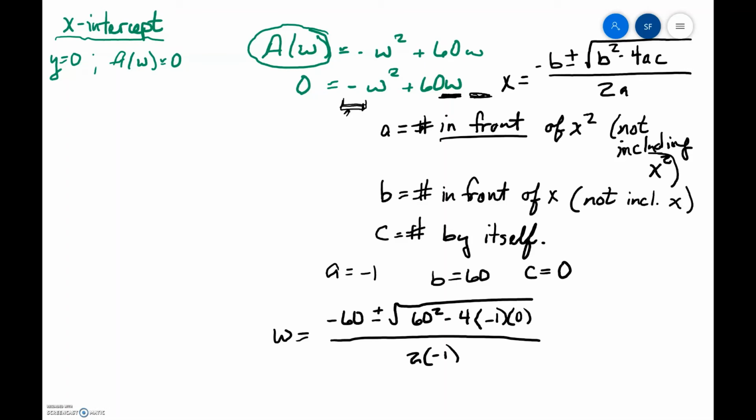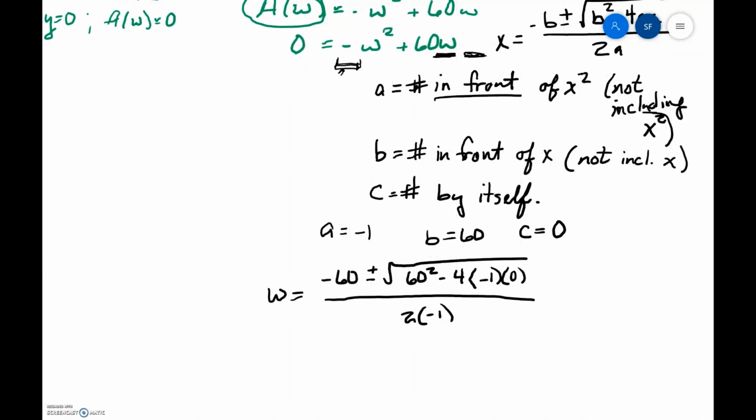So okay, if you have a multi-step calculator, you can do what's called the discriminant. You can do this part in your calculator as one big step. When you do that, you should get 3,600.